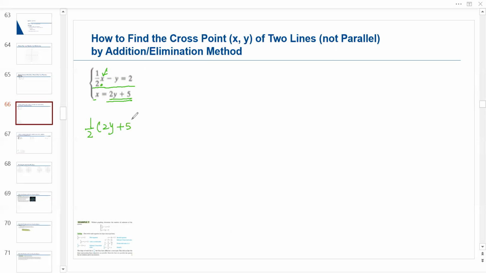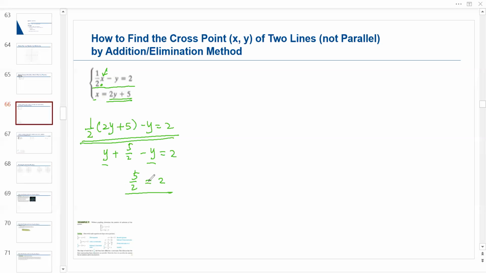So you can get 2y plus 5 minus 1 equal to, I don't think this is a good example, firstly. So you can see here, y plus half of 5 minus y equals 2. Oh no, you can see y also disappeared. Here it became like this. Does this make sense?